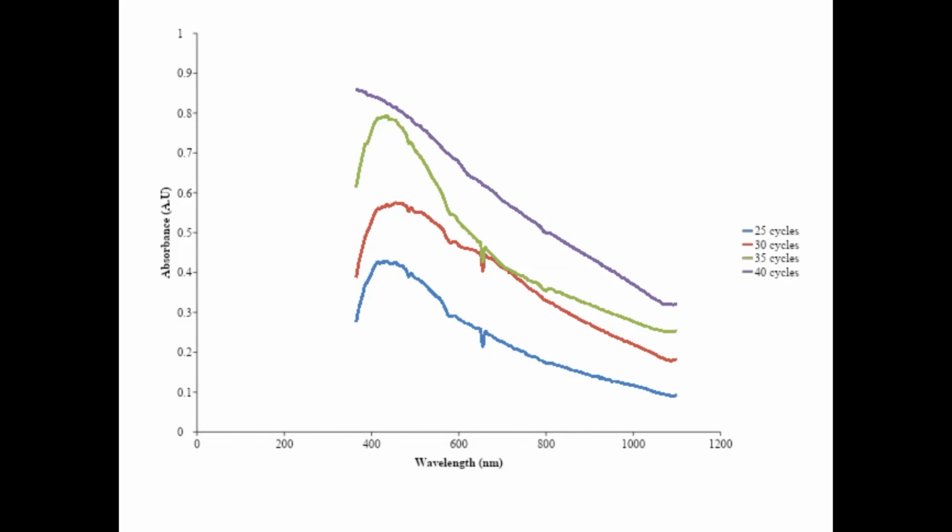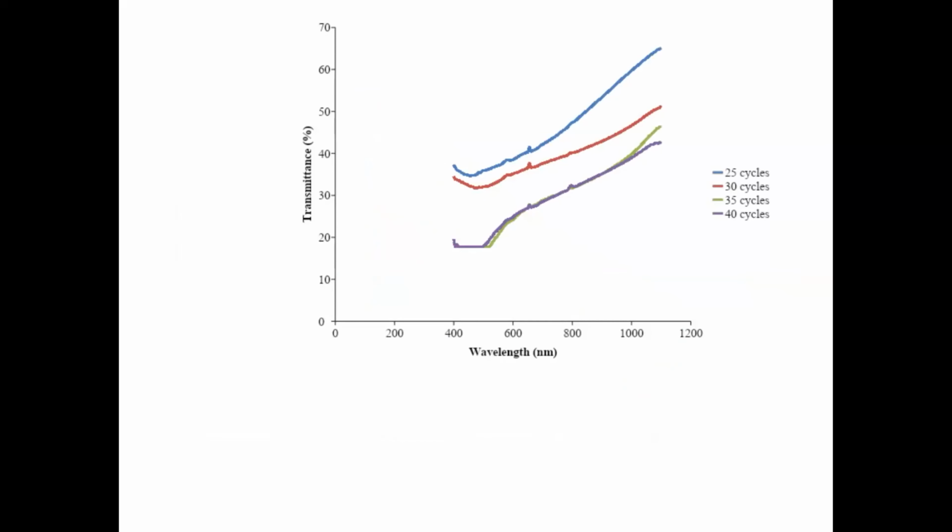The previous graph shows a kind of decrease at 25 cycles. But the trend of decrease with wavelength was equally observed in both complexing agents, sodium hydroxide and ammonia. Please go to the next slide so that we can see the transmittance.